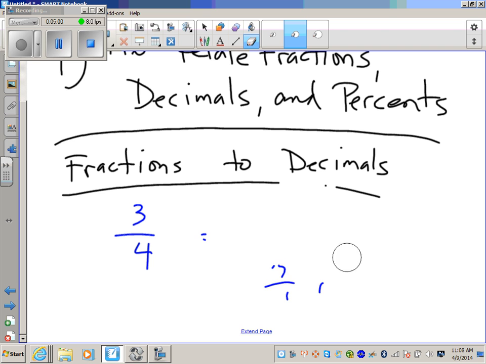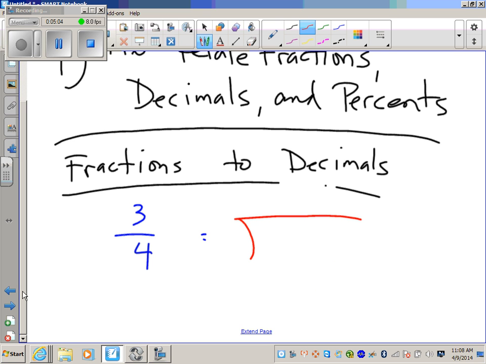Let's back it up a little bit. Let's take a look at what we should really do here. Let's try with the bottom number on the outside and the other one on the inside. Okay? Sometimes in order to learn how to do it right, you got to do it wrong first. So does 4 go into 3?